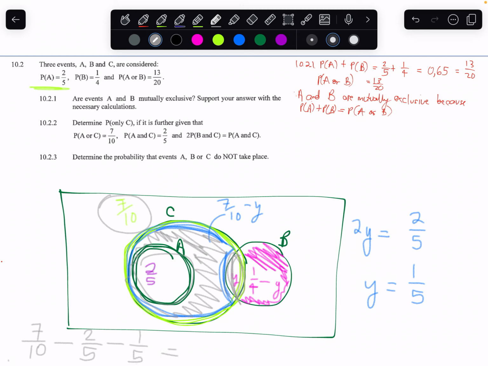So that would be 0.7 minus 0.6, so that's 1/10. So the probability of only C happening is 1/10.